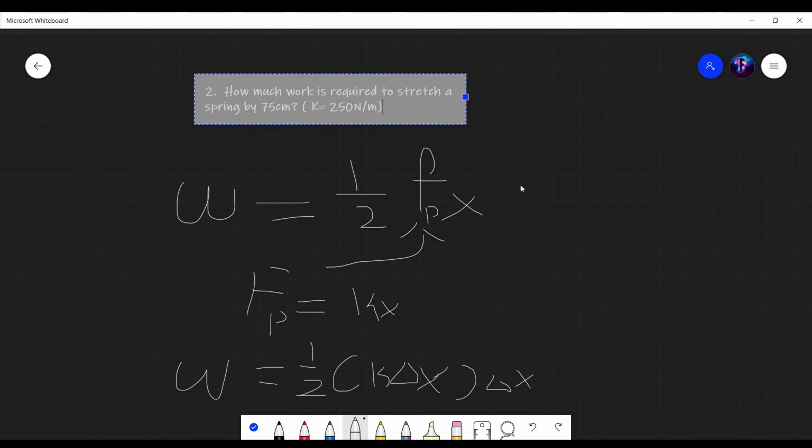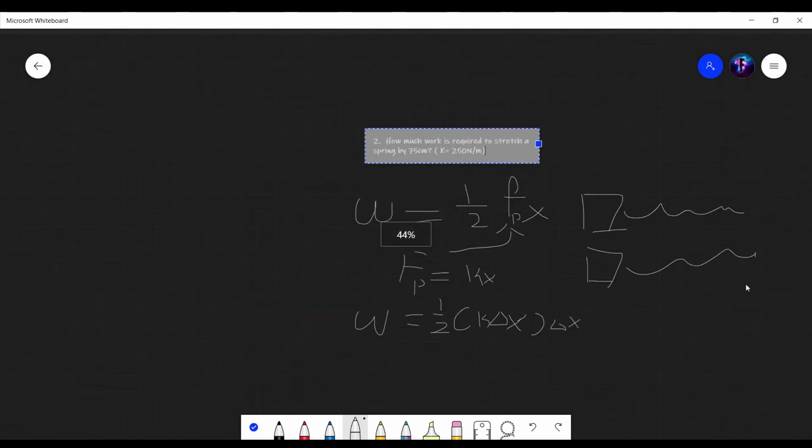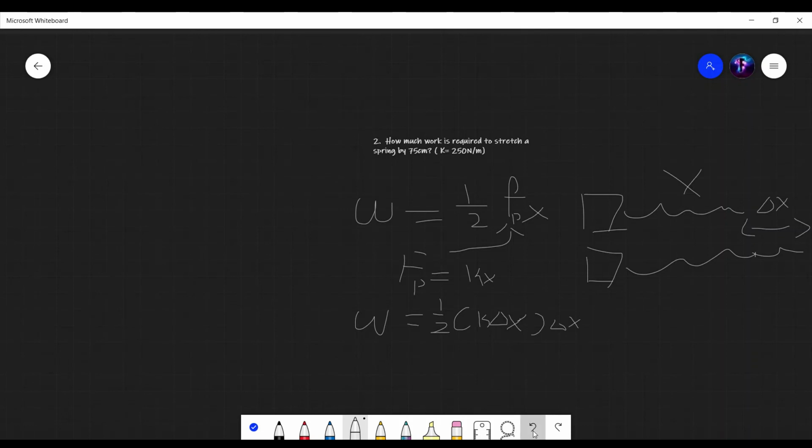Now, when I mean the change of X, you can view this as here. This is the change of X, delta X. Because this is X and this is X, and you're finding what the change of X is. Hopefully that makes sense. I know it might not make sense right away, but you get the point later.